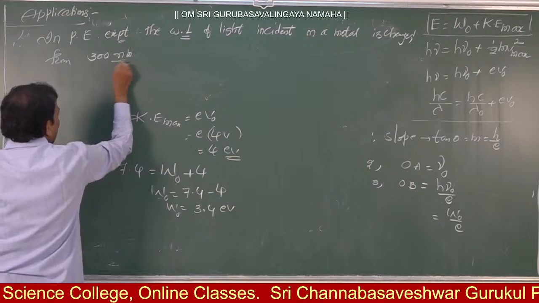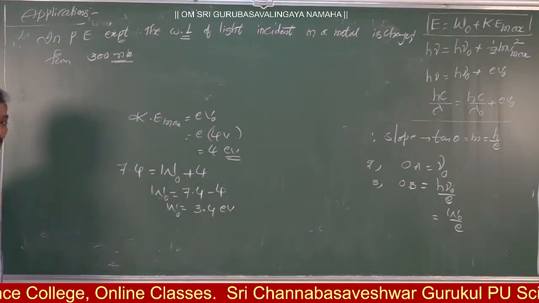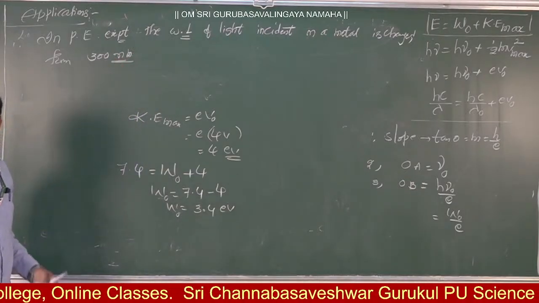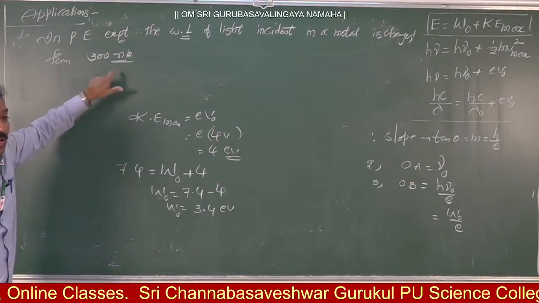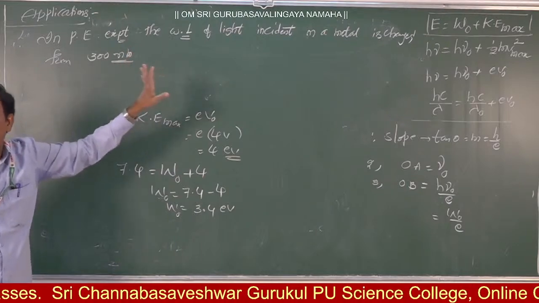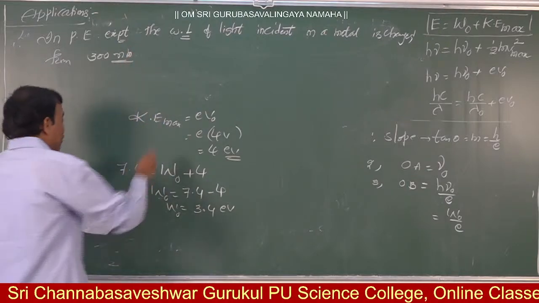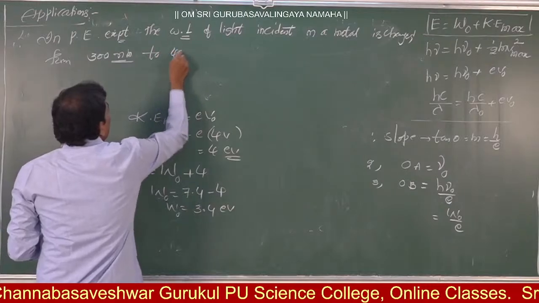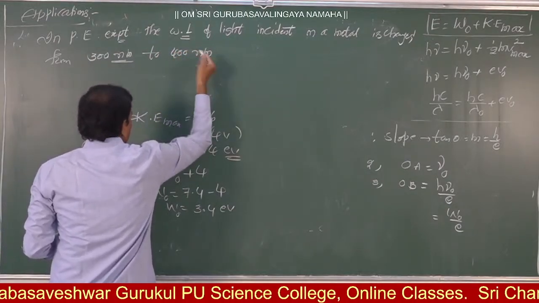Here nm means nanometers only, not meters, not centimeters, not angstrom units. So now we have to convert into meters, or maybe we have to convert it to angstroms. So 300 nanometers to 400 nanometers.